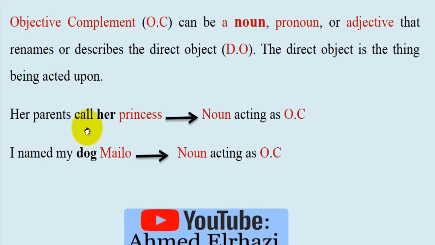Her parents call her princess. So here, princess is a noun acting as objective complement. I named my dog Milo. So Milo serves as a noun acting as objective complement.